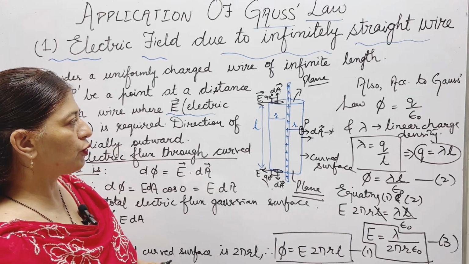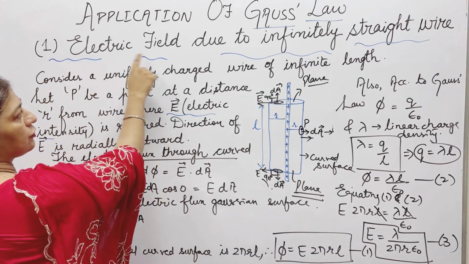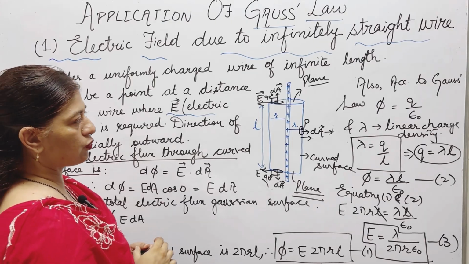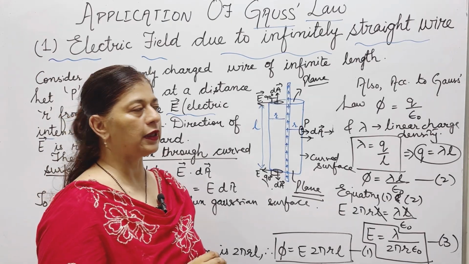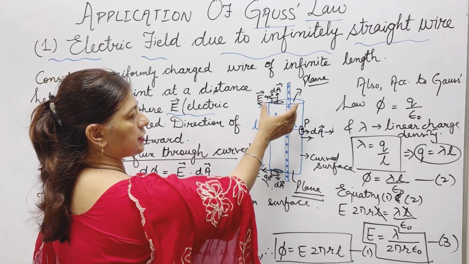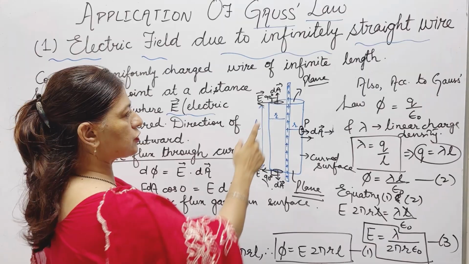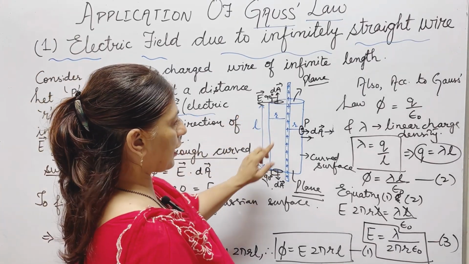So we have concluded here that if we want to find out the electric field due to an infinitely straight wire, we can do it with the help of the Gauss law, and for that we have considered a Gaussian surface around it. This surface has three parts: two plane surfaces and one curved surface around it.